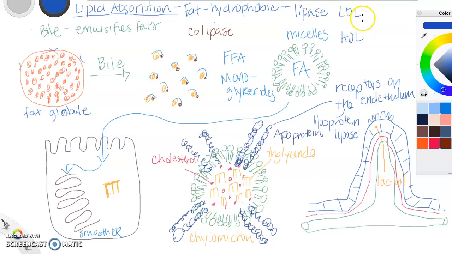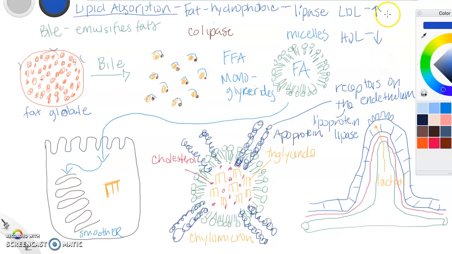So the LDL is low density lipoprotein, and the density means the concentration of the fat inside of the lipoprotein. So if the concentration is high, it is a low density lipoprotein. If the concentration is low, we're talking about a high density lipoprotein.